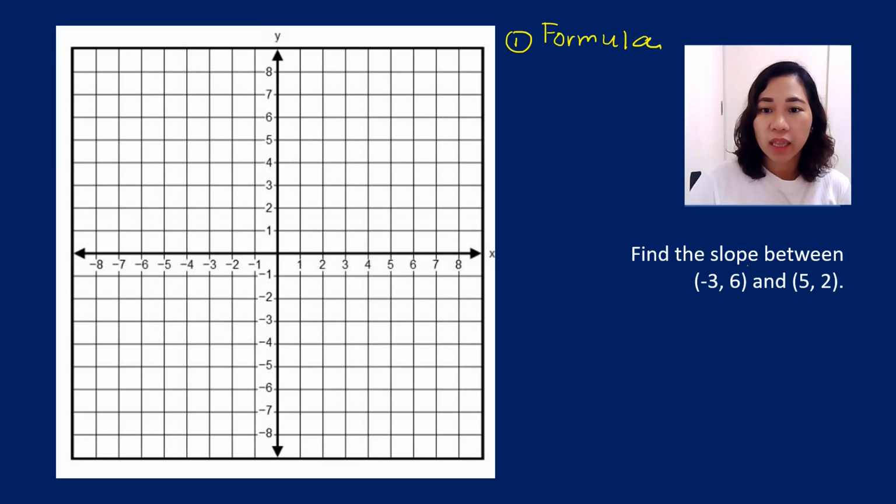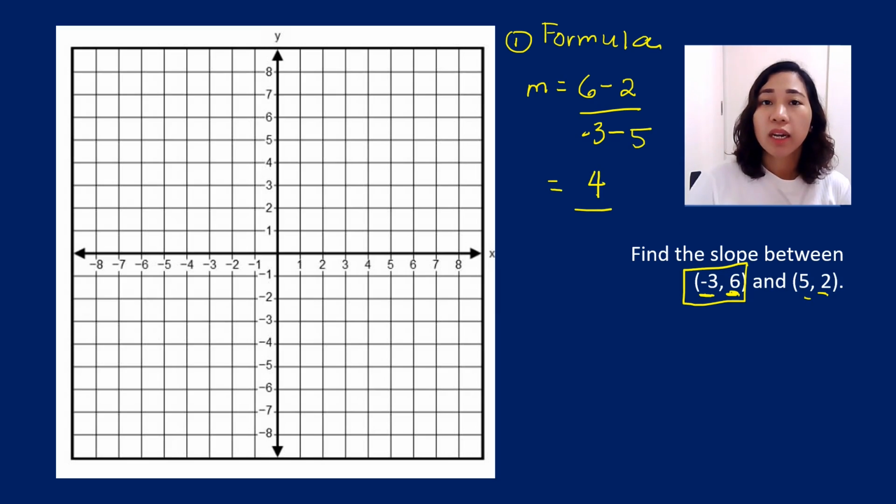If I start at this point, my slope is change in y, 6 minus 2, over change in x, but I have to start here again, negative 3 minus 5. 6 minus 2 is 4. Negative 3 minus 5 is negative 8. So the answer is negative 1/2.